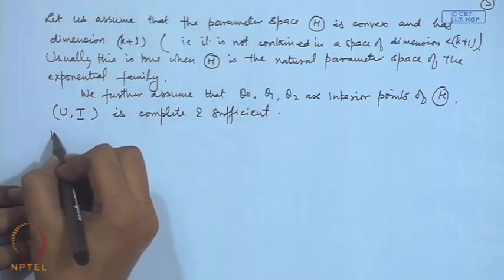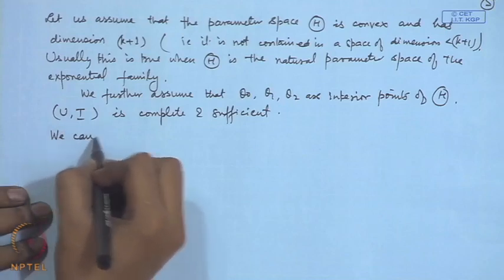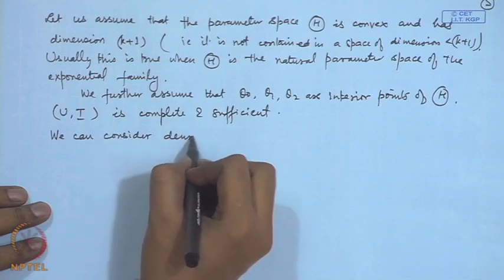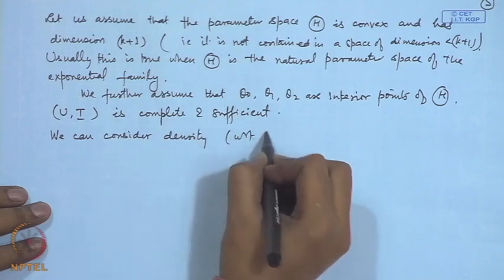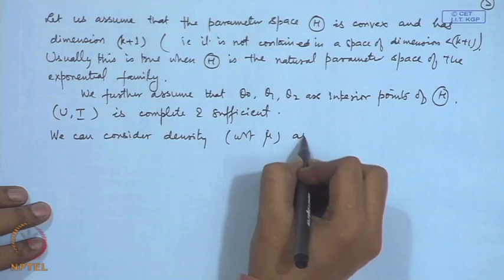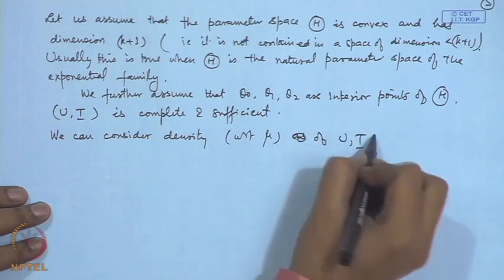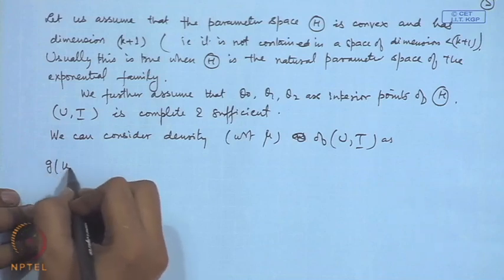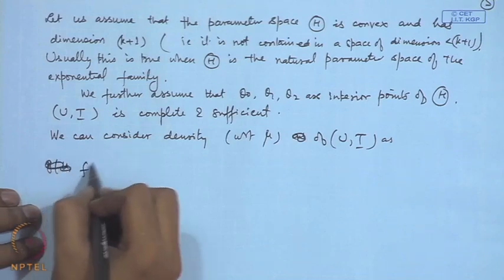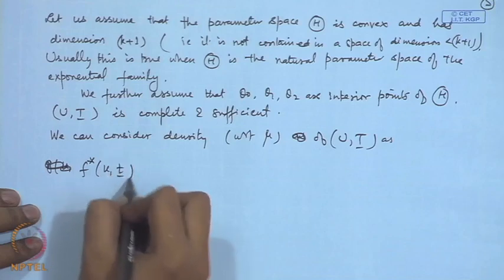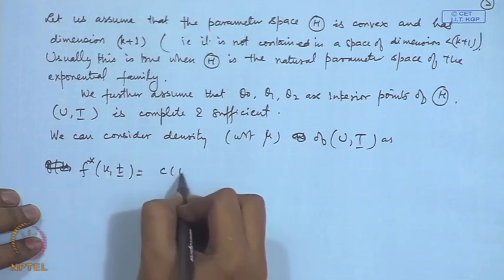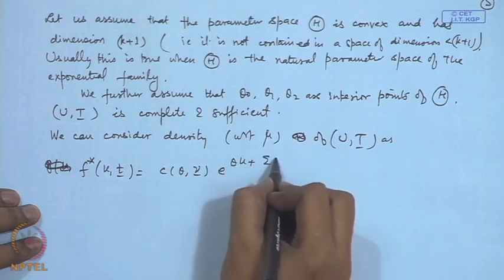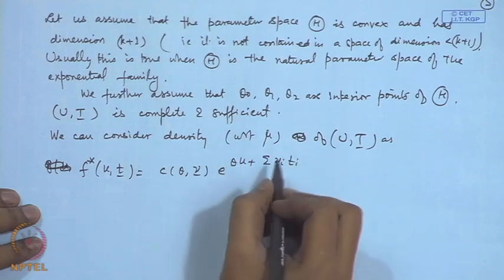So, we can restrict attention to the density with respect to measure mu star of U, T: c star(theta, nu) e to the power theta u plus sum nu i t i.